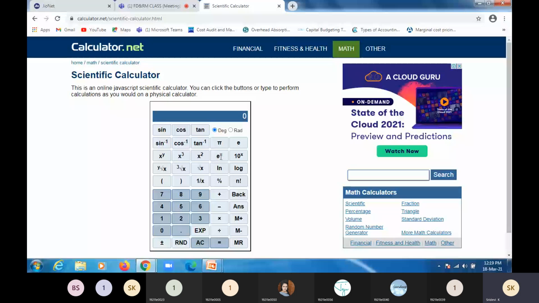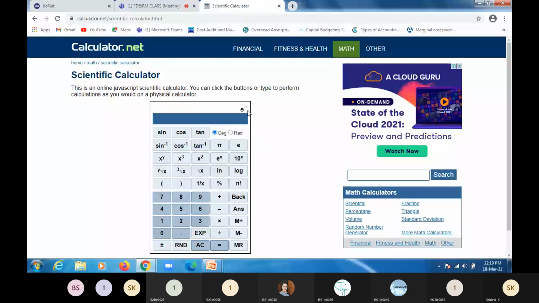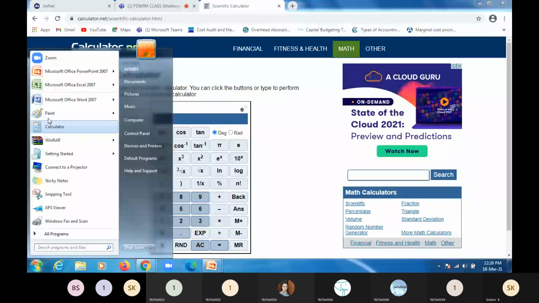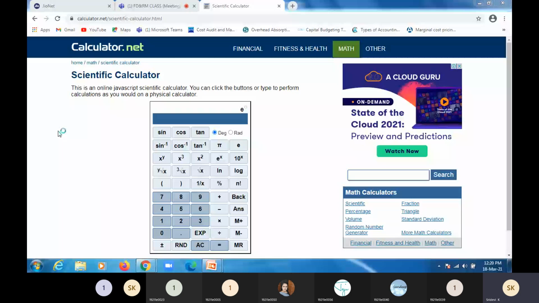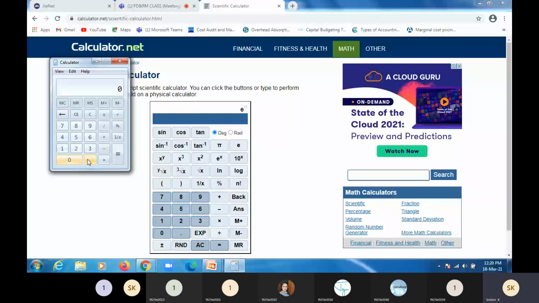Got it? I am pressing e power x here, and after pressing this e power x, you go for the value here. How much are you getting? 0.06 into 0.5. What is the value that you are going to get? 0.03.